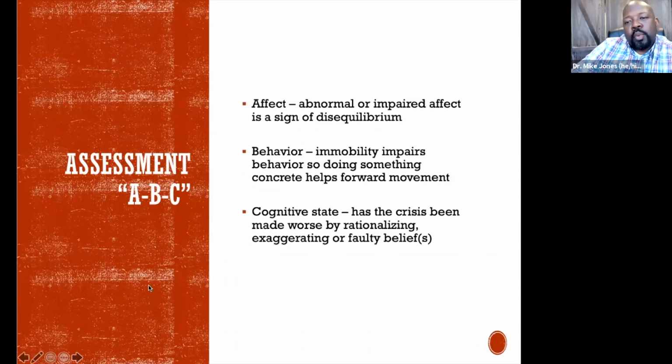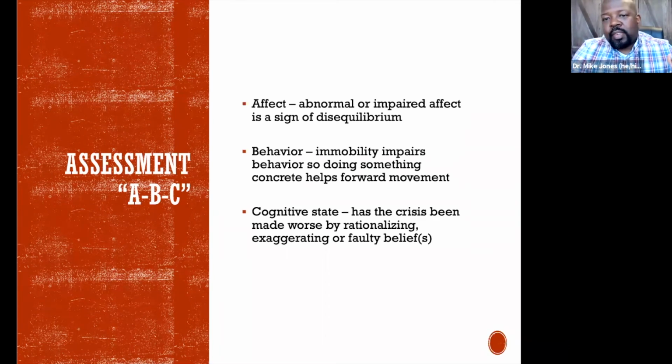All right. So when we look at assessment ABC, there's three main things we are looking at. We want to be looking at the person's affect, making sure that their affect is not impaired.